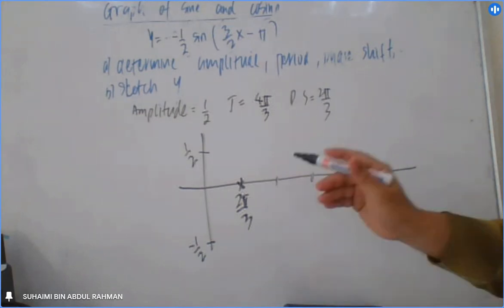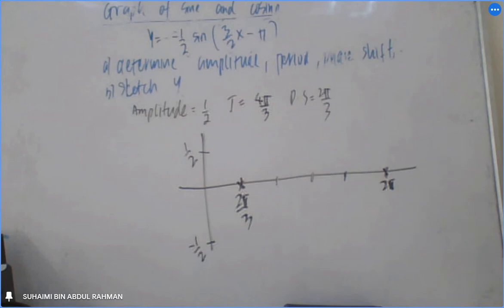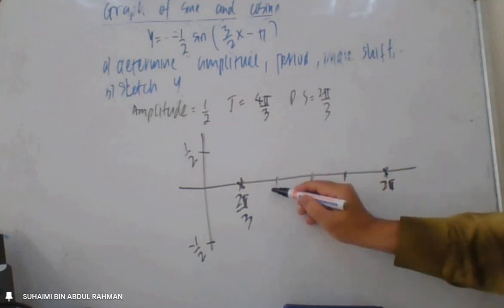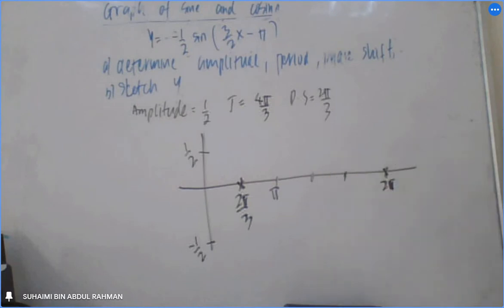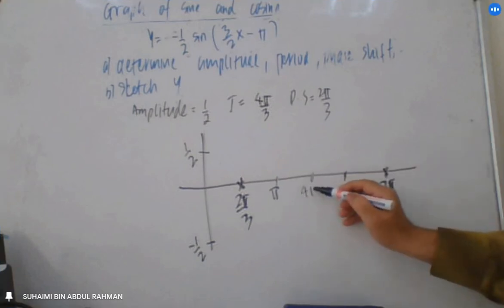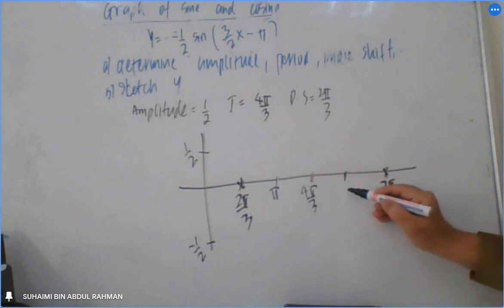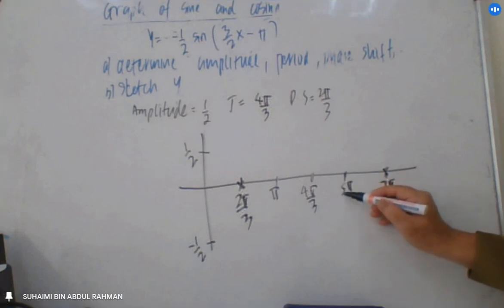So here will be pi, here 4 pi over 3, here 5 pi over 3.